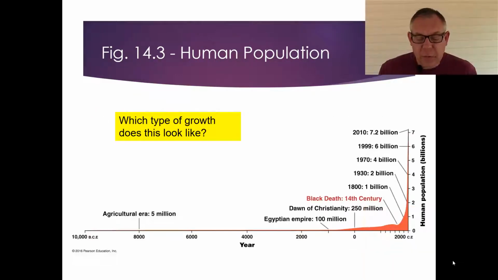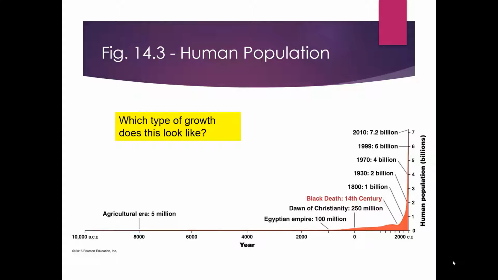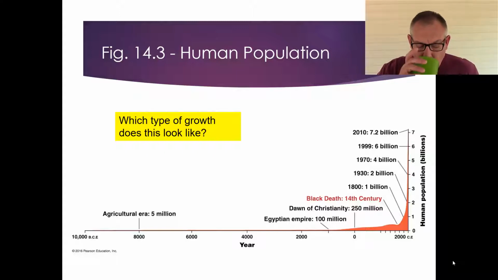And so here's a figure from your book showing human population growth over the last, and you can see that it looks quite a bit like exponential growth, right? That the population starts off growing, but it grows at a slow rate.